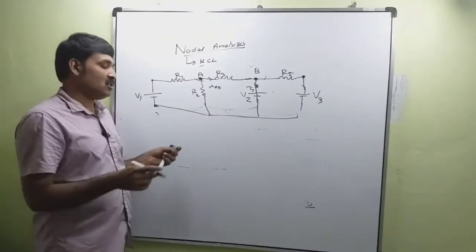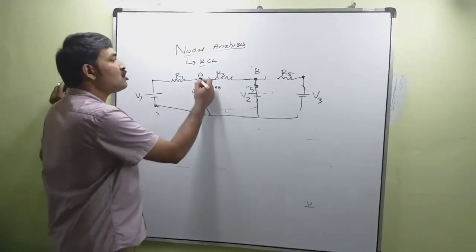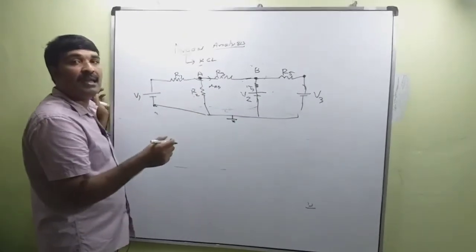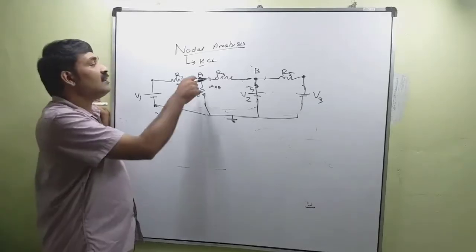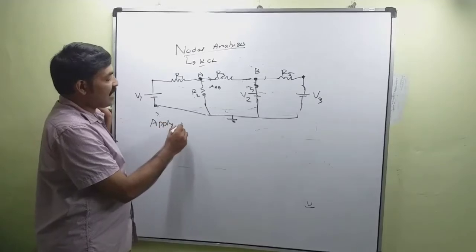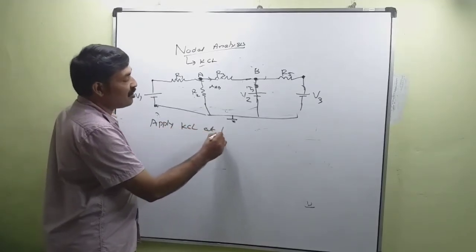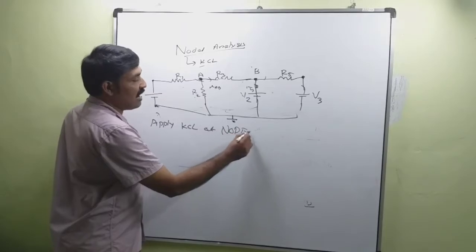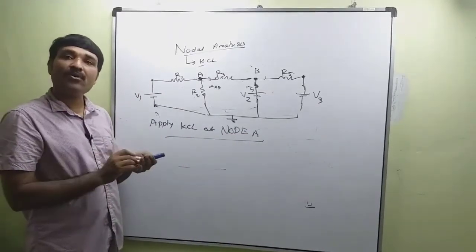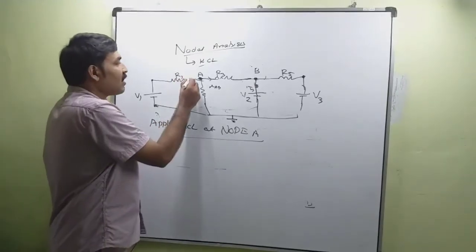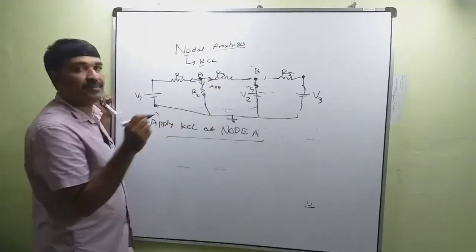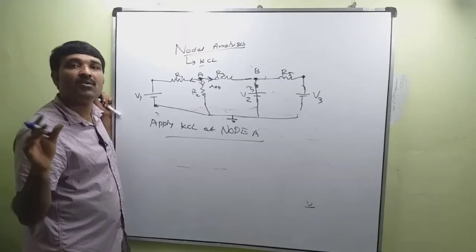Coming back to our analysis, we consider two principal nodes, node A and node B. Now apply KCL at these two principal nodes. Apply KCL at node A, and we can assume all the currents are outgoing, that means current is going outside from node A. So all the currents are assumed to be going outside.